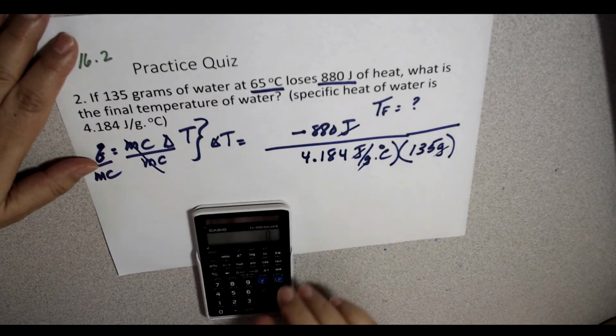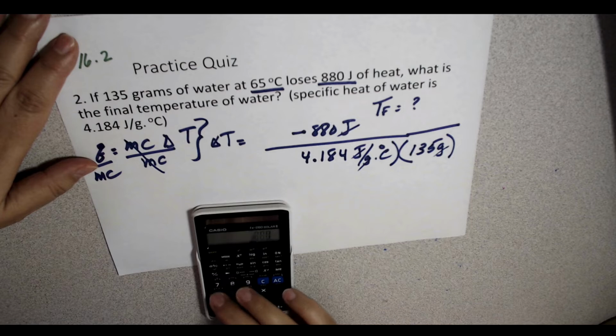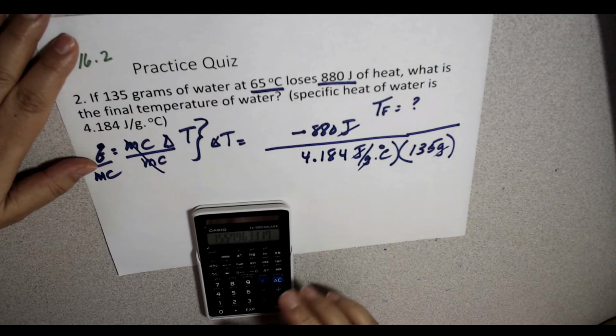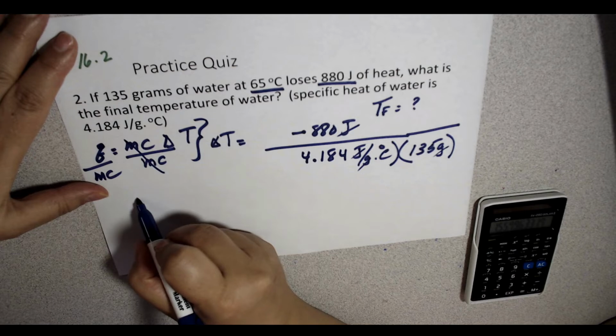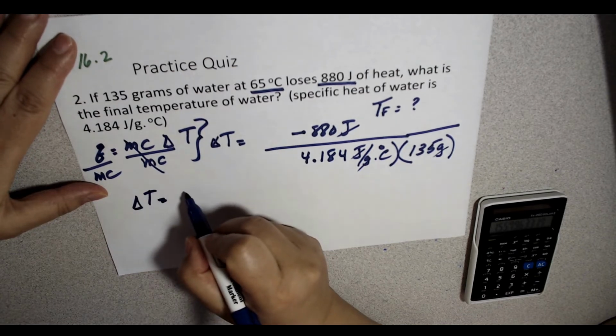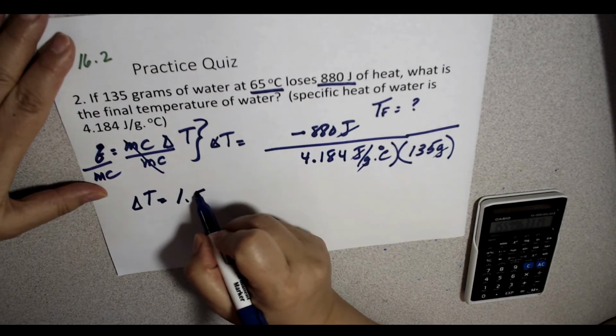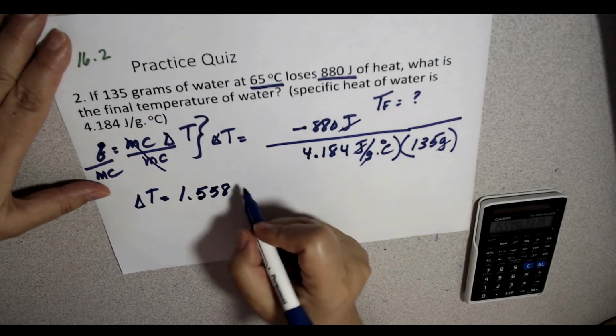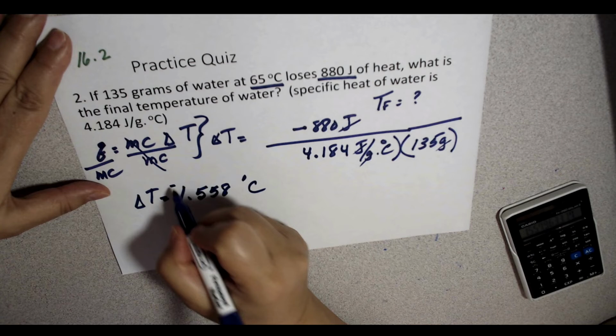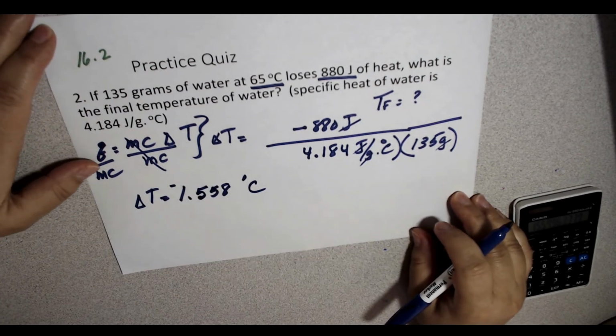So 880 divided by 4.184 divided by 135, that is 1 point, so delta T is 1.558 degrees Celsius, and it's negative.